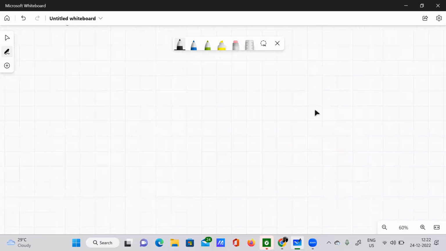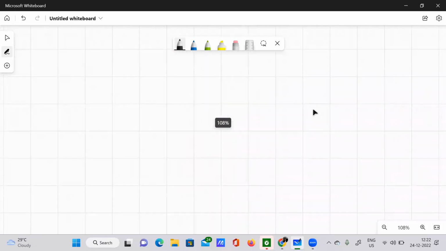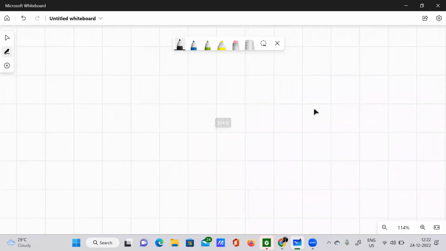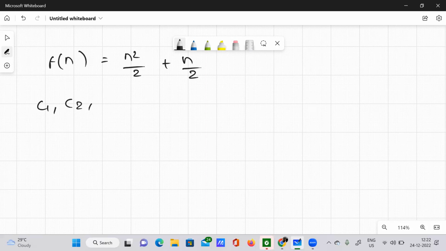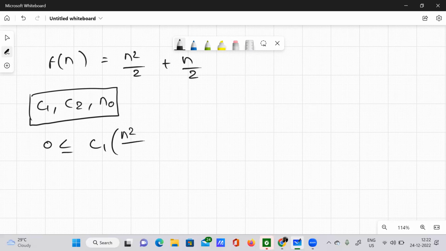Now let's have a look at another example. This is the final example. Let's imagine we have an equation f of n is equal to n square by 2 plus n by 2. Just identify our constants, that is c1, c2, and n0, and form some condition here. So 0 will be less than or equal to c1 into n square by 2.